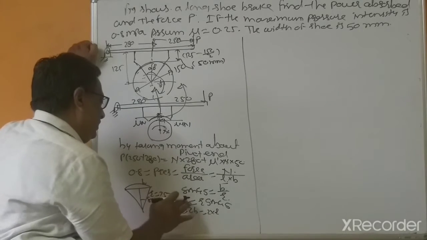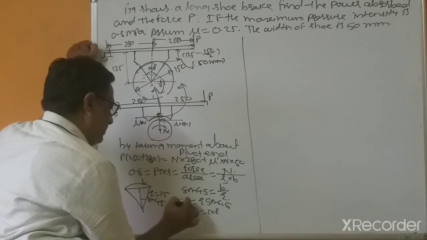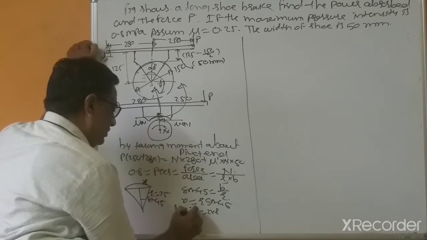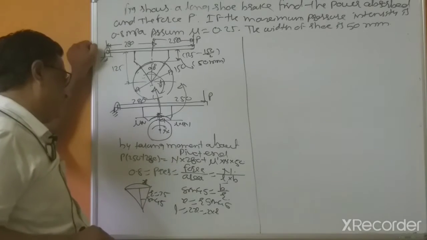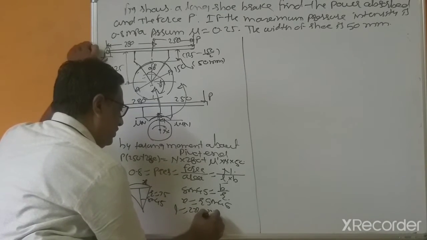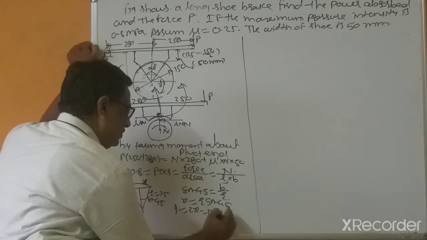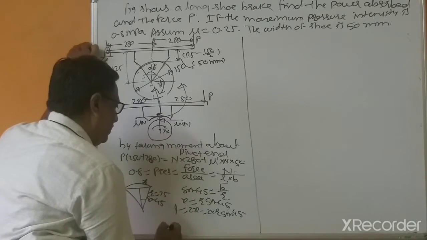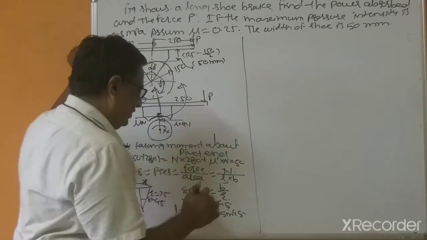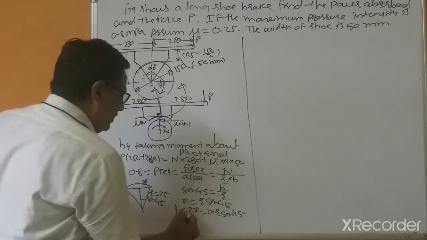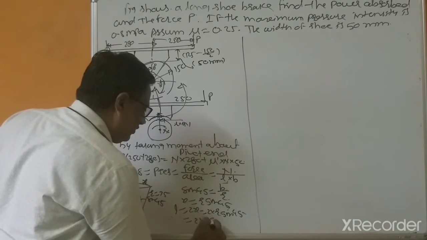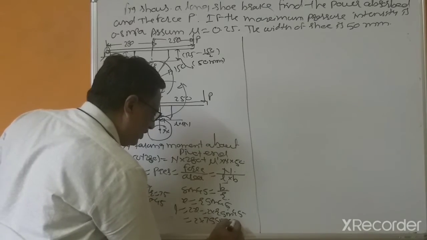Suppose this is X, so this is north, 2 into R sine 45. So first we will calculate this 2 into R equal to 75 into sine 45.